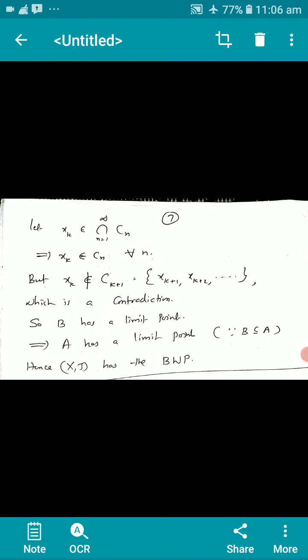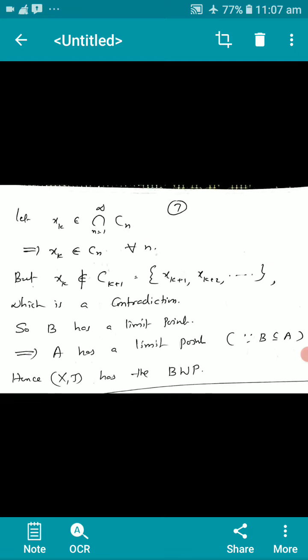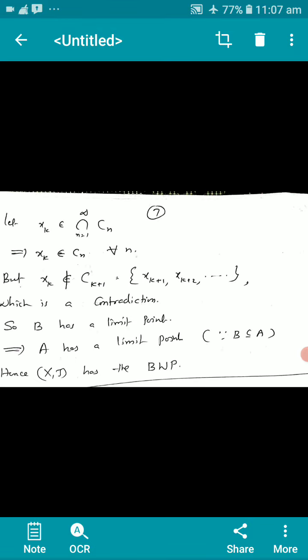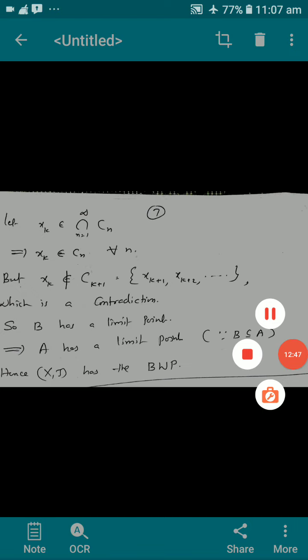This means x_k is in C_n for all n. But x_k is not an element of C_(k+1). What is C_(k+1)? The collection x_(k+1), x_(k+2), etc., which is a contradiction. So B has a limit point. This implies A has a limit point, because B is a subset of A. Hence X has the Bolzano-Weierstrass property.